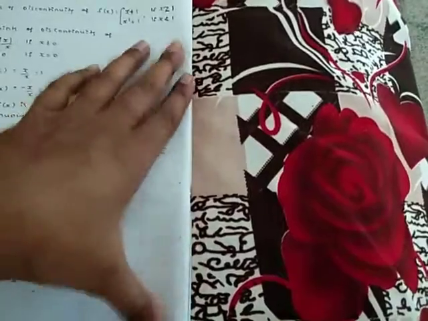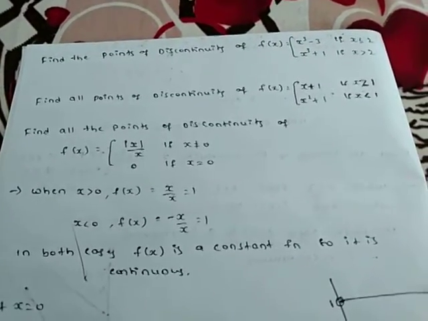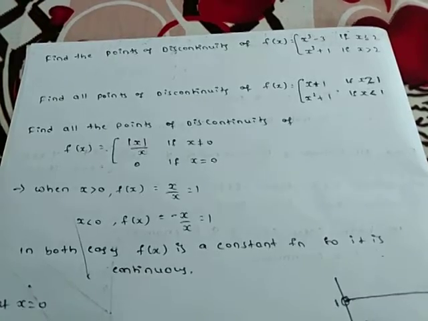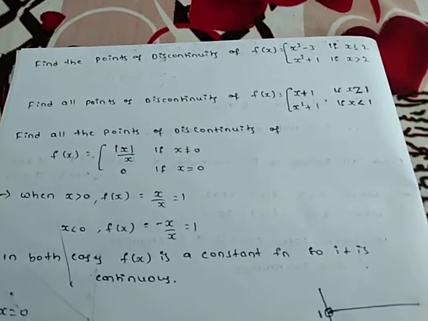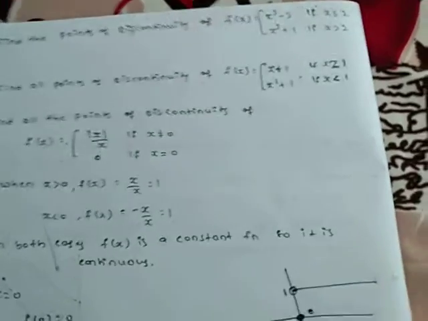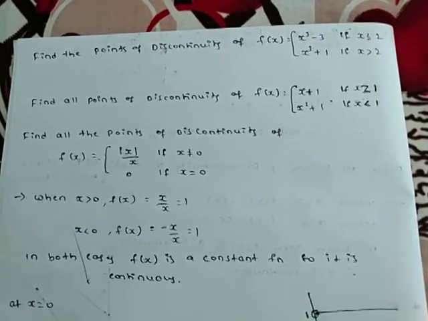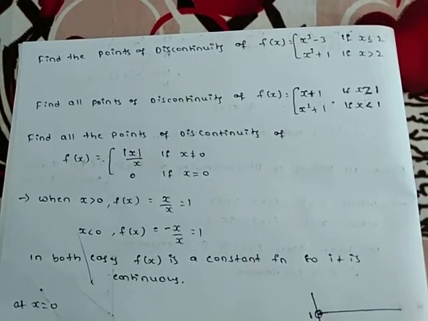So next question is, find the points of discontinuity of f of x is equal to x cube minus 3 if x is less than or equal to 2, x cube if x is greater than 2. You can solve it yourself at home.